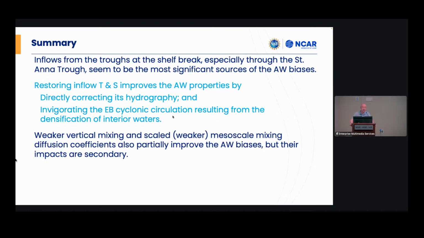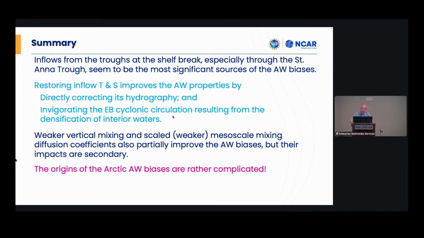Weaker vertical mixing and scaled mesoscale mixing, that's weaker mesoscale mixing diffusion coefficients, also partially improve the biases, but their impacts appear to be secondary, but the coupled simulation results are sort of mixed.